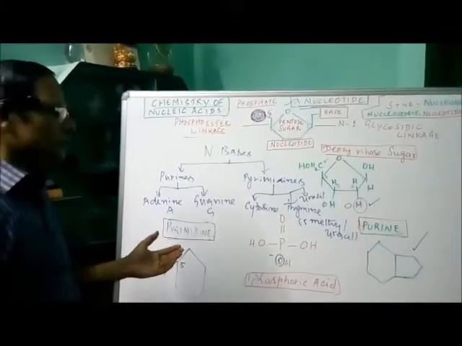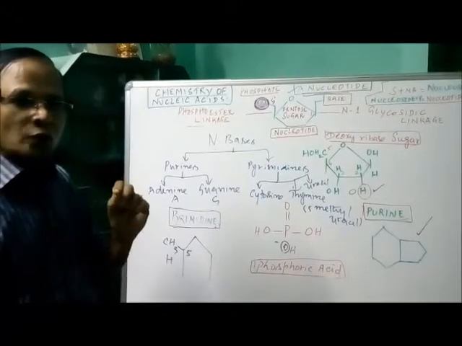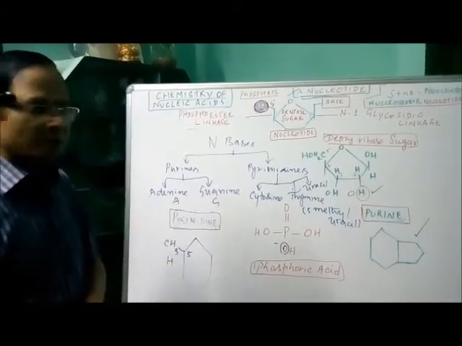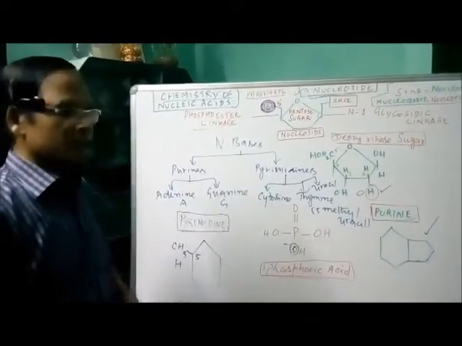If you are taking either RNA or DNA, each one is formed of 4 types of nucleotides. I mentioned here adenine, guanine, cytosine, thymine and uracil.